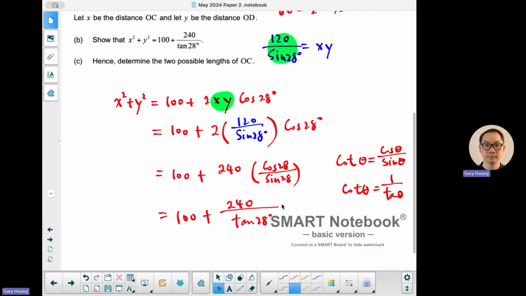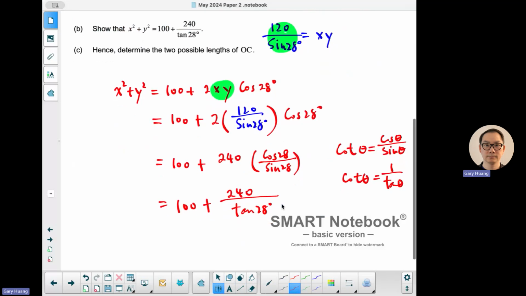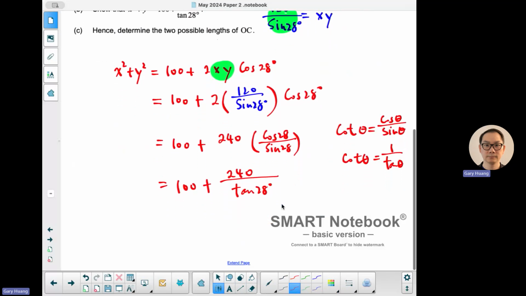Lastly, what are we asked to solve? We're asked to solve for the two answers for OC. OC is x, so we're solving for x.